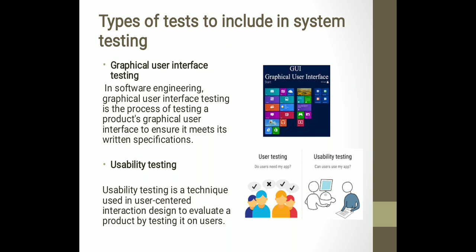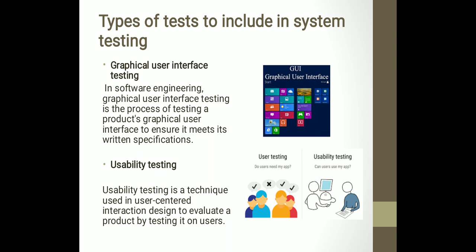The types of testing are, first, graphical user interface testing. When the app is developed, the menus and the icons are called the graphical user interface. Whether it meets the written specification of the customer has to be tested using this test. Next, usability testing.